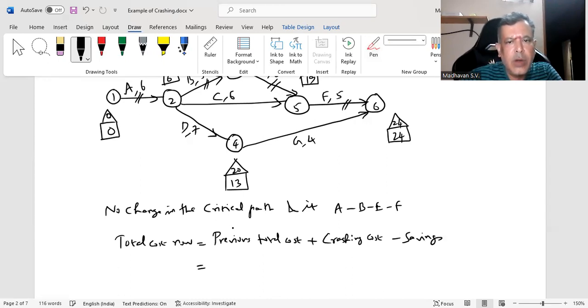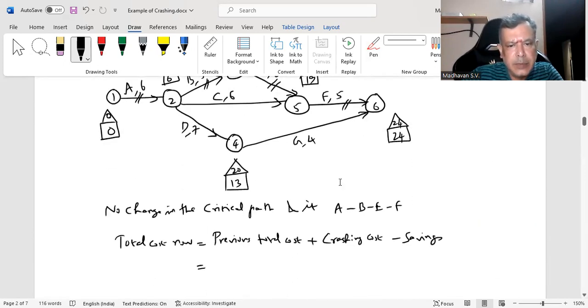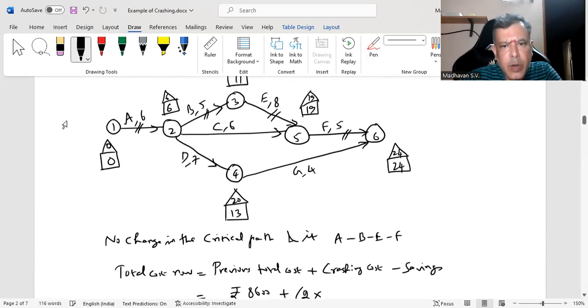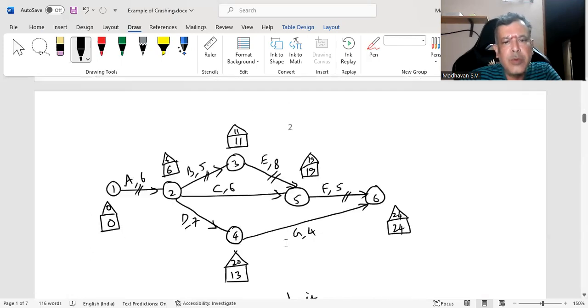So now previous total cost we already calculated as 8,600 rupees. 8,600 plus you crashed 2 days, and each crashing, how much you are spending for E, that is your slope cost, 25 rupees you spent.